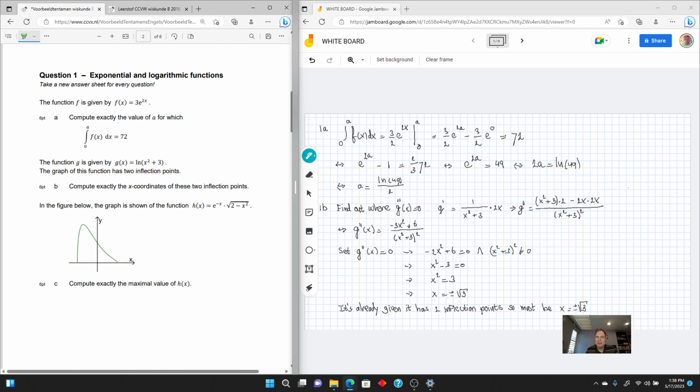Okay, this is some simple manipulation to find that x squared is 3. Remember, for these kinds of power equations with an even power, you always get two solutions. So in this case, x is plus or minus the square root of 3.